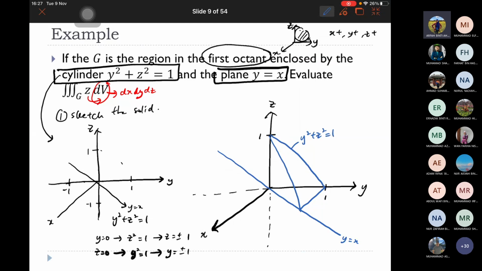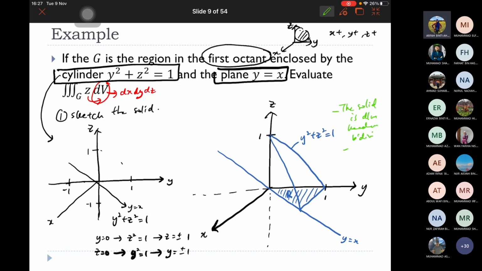And then ini dekat bawah dia ni adalah rantau yang dibatasi oleh Y sama dengan X. So ini adalah dia punya base atau R, dia punya region. So kita boleh nampak the solid is dalam keadaan berdiri.